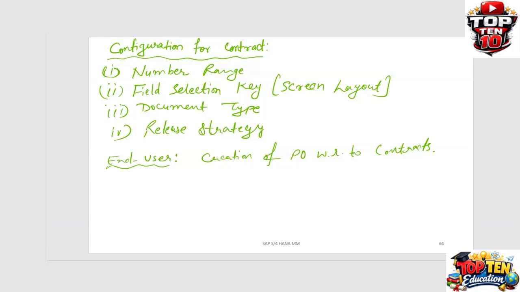Item category we are not selecting. For standard it is always blank. Plant, okay, I'm not maintaining. Now see, there is one thing. The purchasing organization has not been assigned to the company code. Then what to do? Mention here the plant ZA31. Mention the storage location ZA41. Okay.